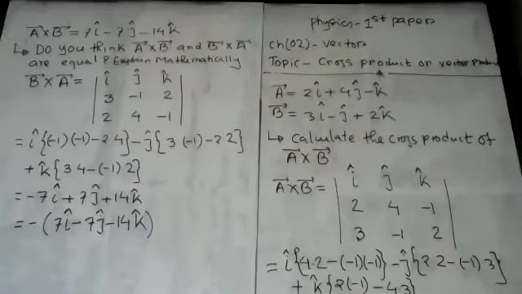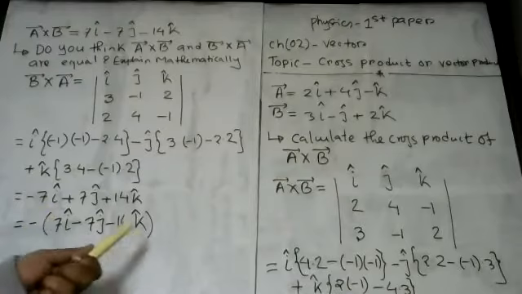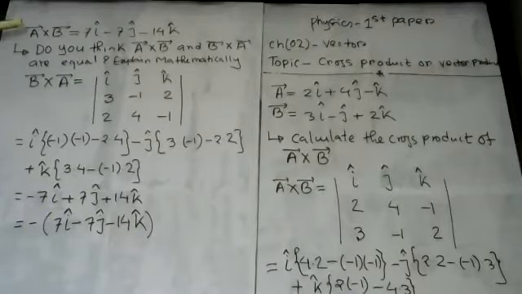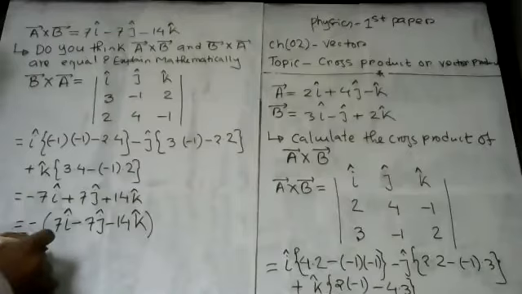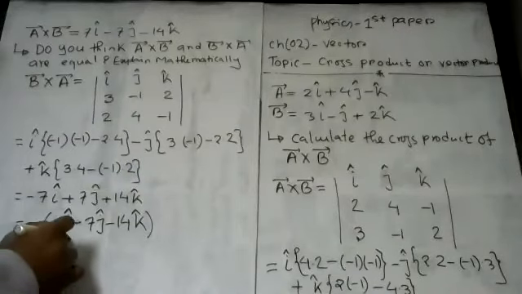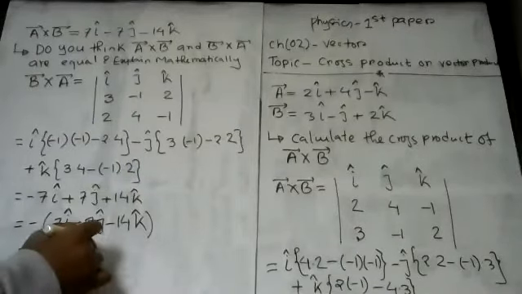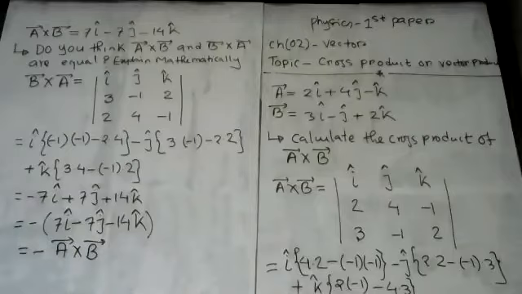Can I write down this one? This part will equal to A cross B. Okay. So it will equal to minus A cross B. So definitely we can say that B cross A doesn't equal to A cross B. B cross A will equal to minus A cross B.